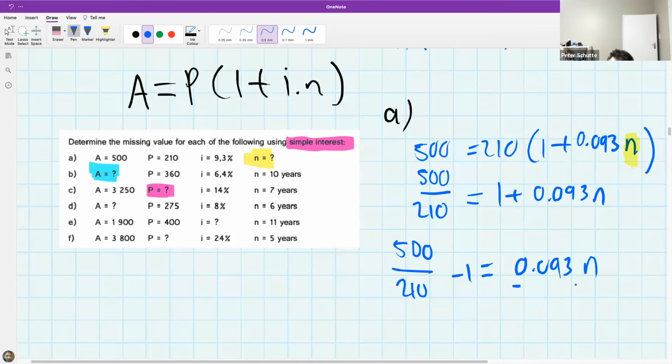Now, if I wanted to, what I could really just do here is divide both sides. Now, there are other ways of doing this, but we should all get the same answer.